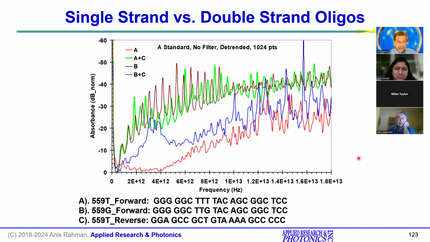In fact, there is a possibility that one can do genome sequencing without a PCR machine. But we haven't done anything close to that. But there's a possibility that this technique could be used for genome sequencing.